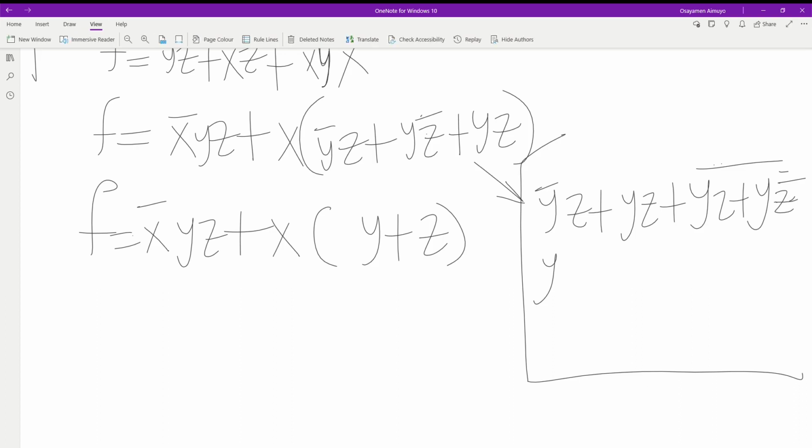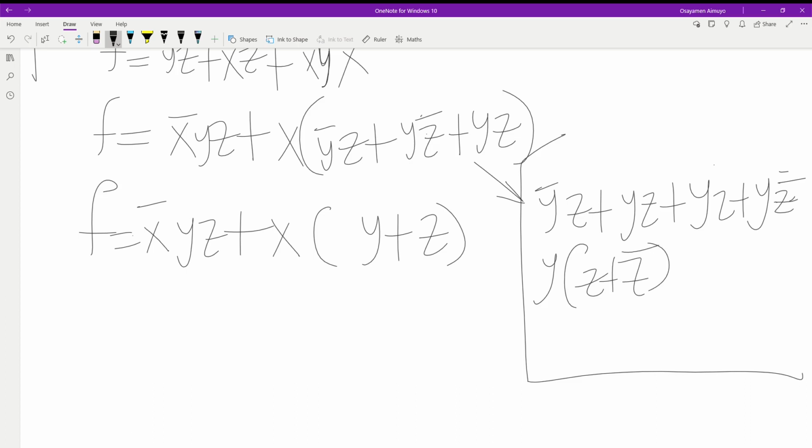Oh no, that's just bad notation. Give me 1 second. And then if you factor out a z here, that just gives you y or z.